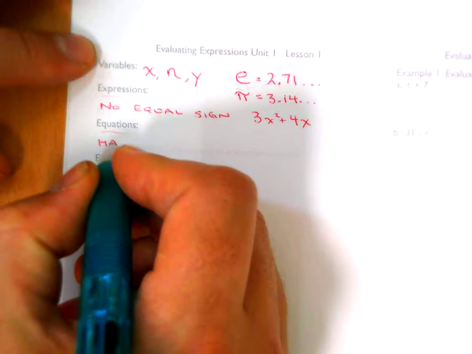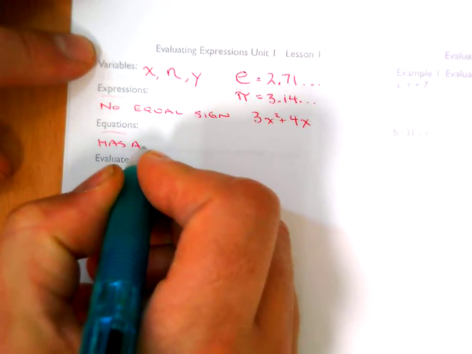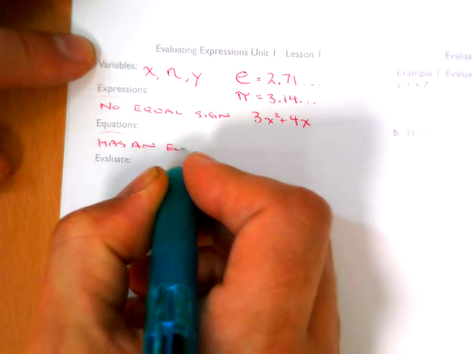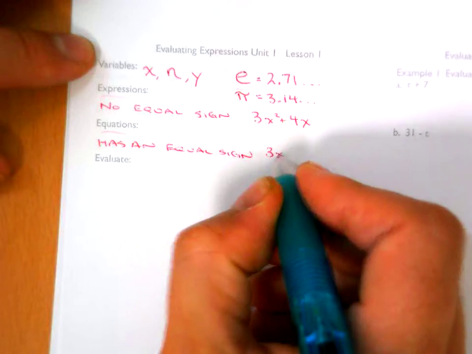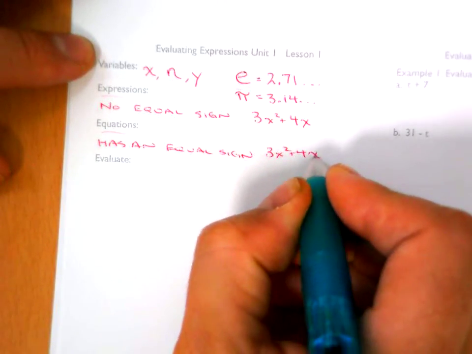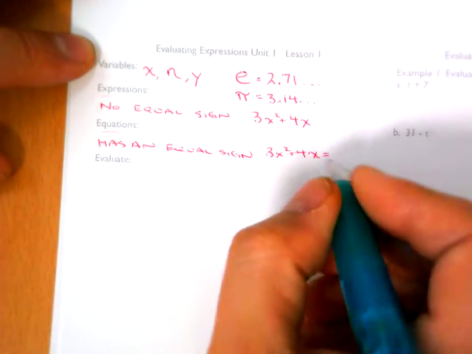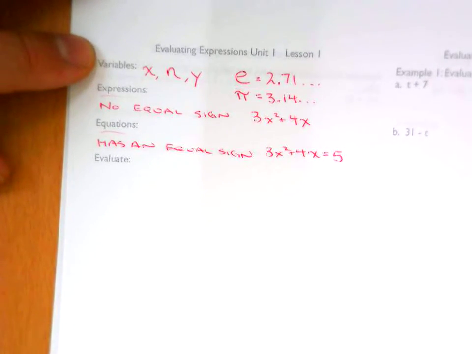But an equation has an equal sign. It could look very similar. We'd say 3x squared plus 4x, but as soon as we put an equal sign over there, equals 5, now it is an equation.